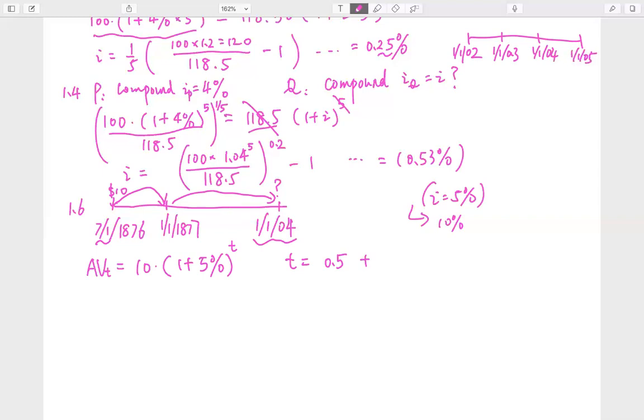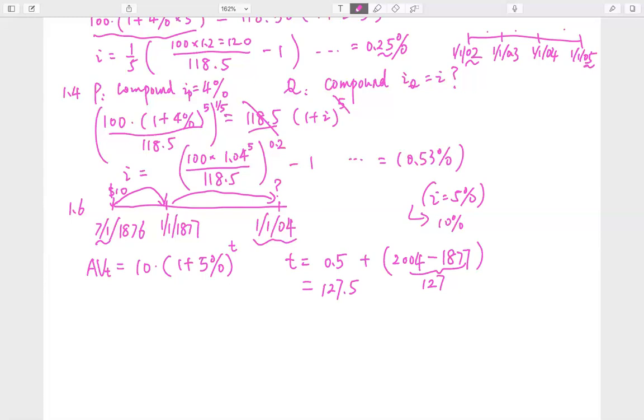How many years? Obviously, they are 3 years, 1, 2, 3. How do I get 3? 05 minus 02. So this will be 2004 minus 1877. If you do the math, this will be 127 years. So basically time t is 127.5.